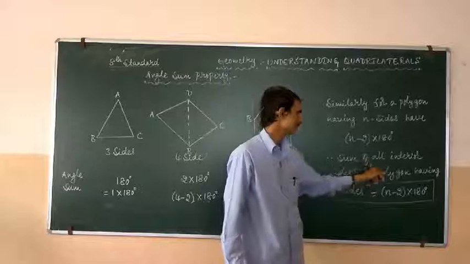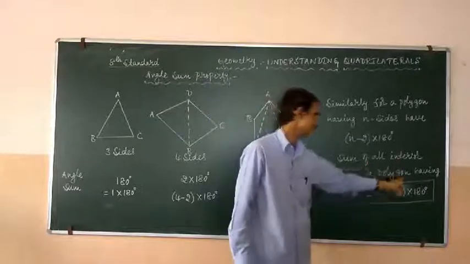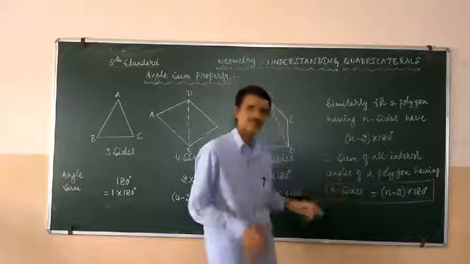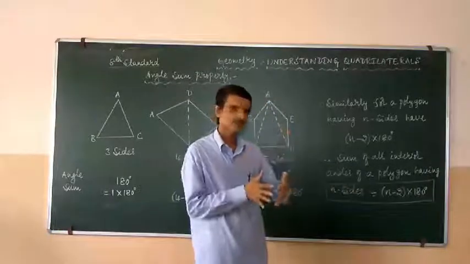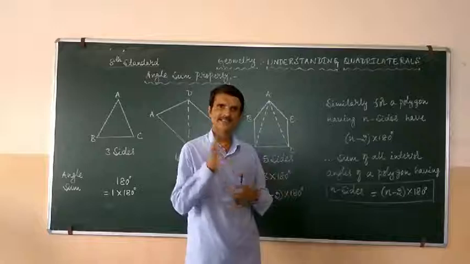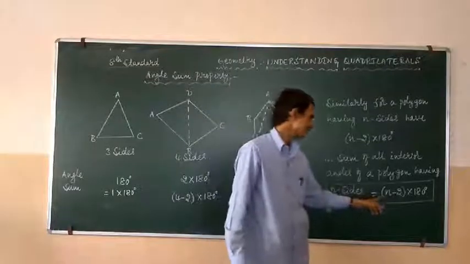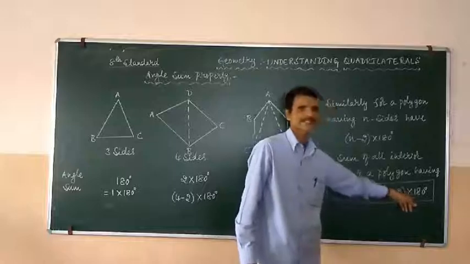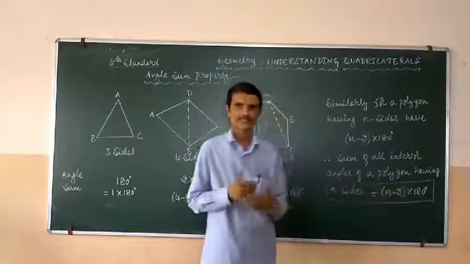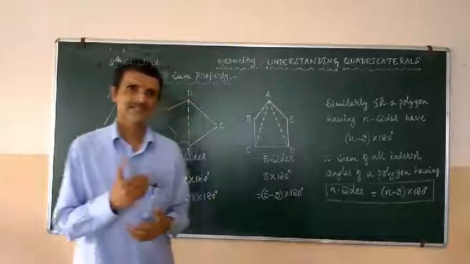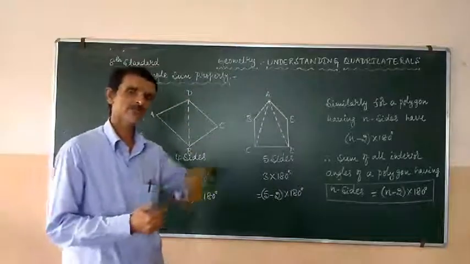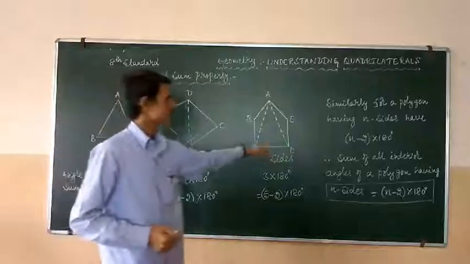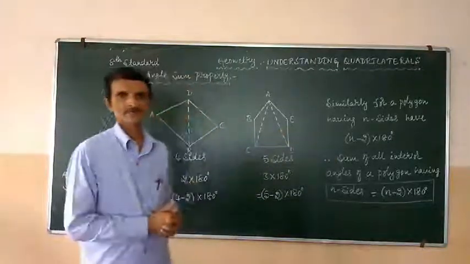Therefore, the sum of all interior angles of a polygon having n sides, we are going to conclude, must equal n minus 2 into 180 degrees. We substitute 3, 4, 5, and so on in place of n.